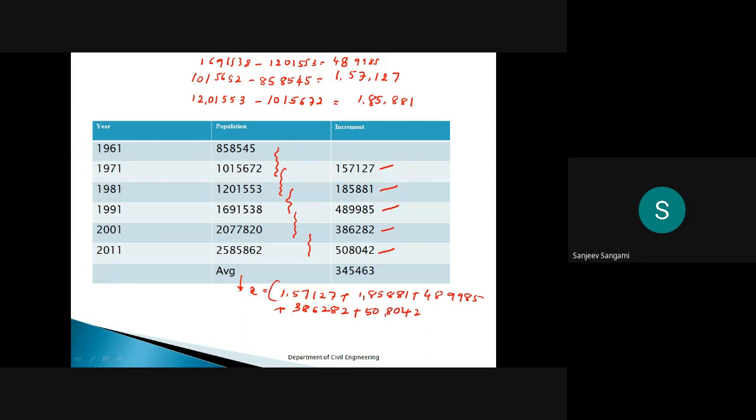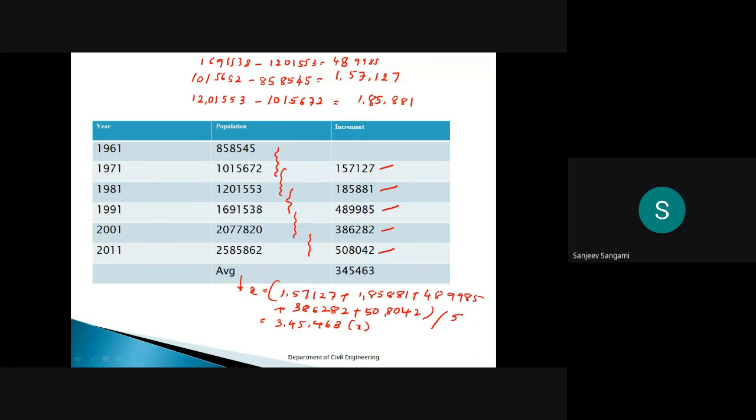This whole is divided by 5, since there are 5 values. If you calculate the average, you will get 3,45,463. This will be your x value and it will always remain constant.